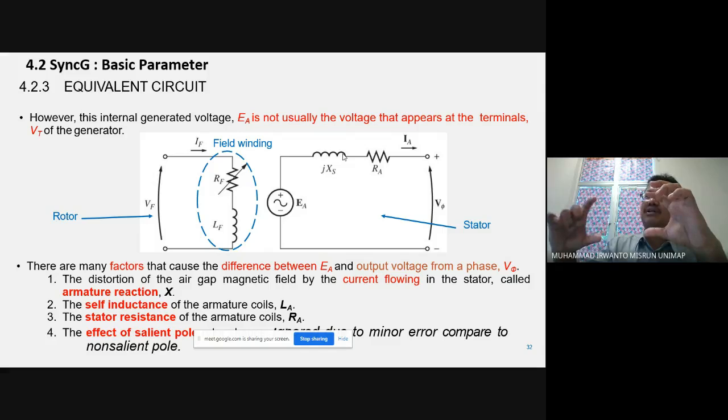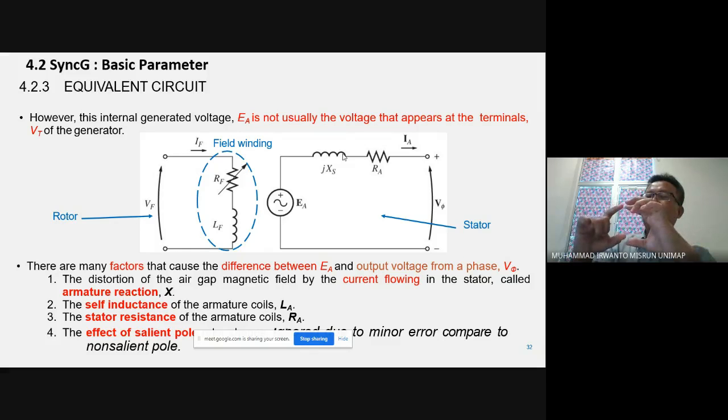And remember, when the synchronous generator is connected to the load, the terminal voltage of the synchronous generator is not equal to the internal generated voltage.